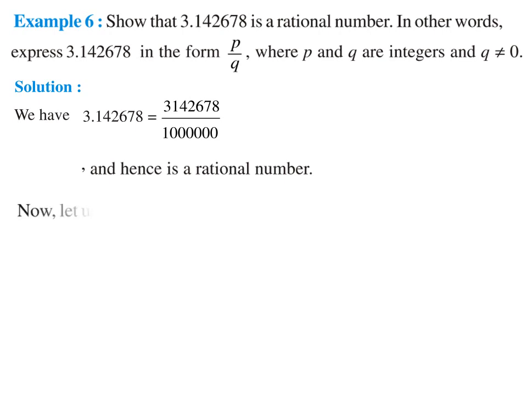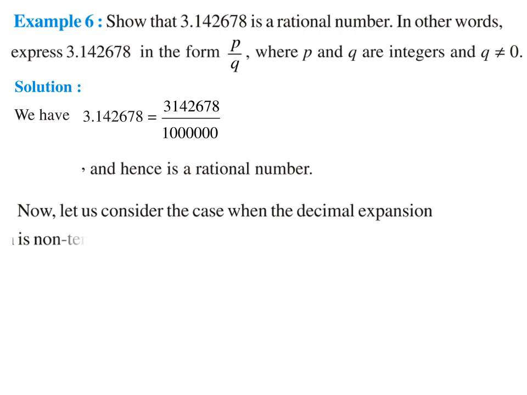So let us consider the case when the decimal expansion is non-terminating recurring. For that also we will discuss from an example. So let's check the example for this case. Now example number 7.